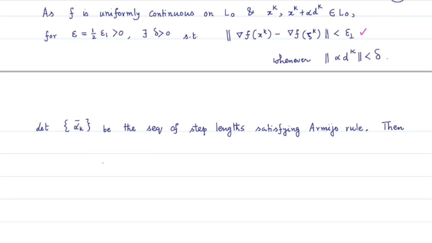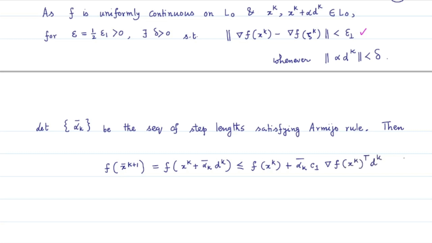Then we see that f of x_{k+1} bar, which is a point given by the Armijo rule, that is x_{k+1} bar, is given by x_k plus alpha_k bar d_k. As alpha_k bar satisfies the Armijo rule, we have this quantity less than or equal to f(x_k) plus alpha_k bar c1, for some c1 between 0 and half, times grad f(x_k) transpose d_k.